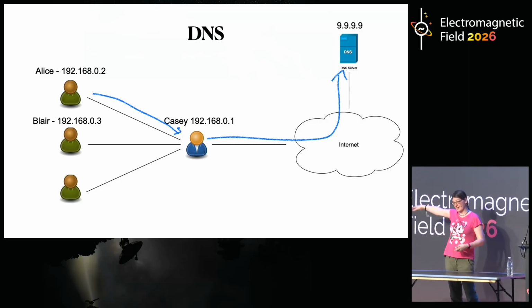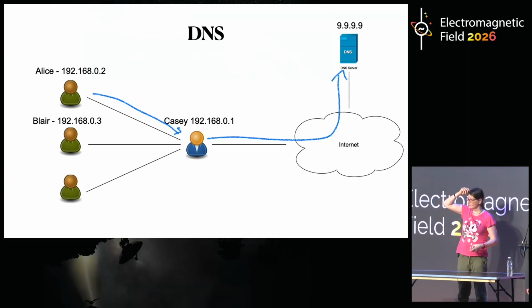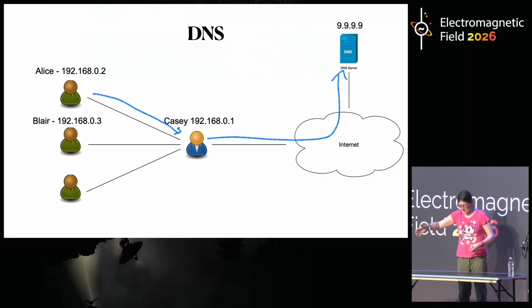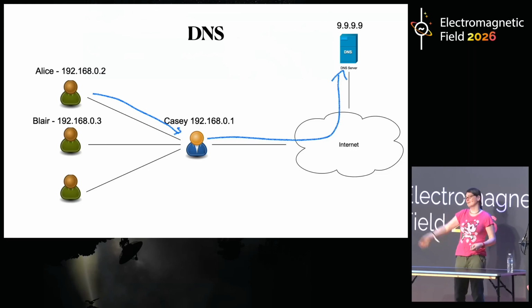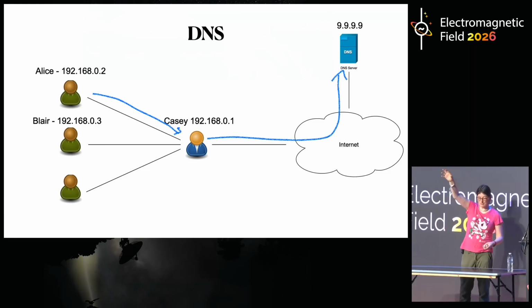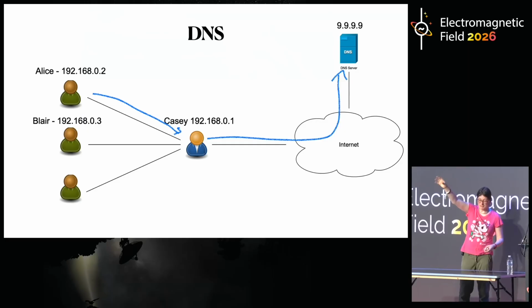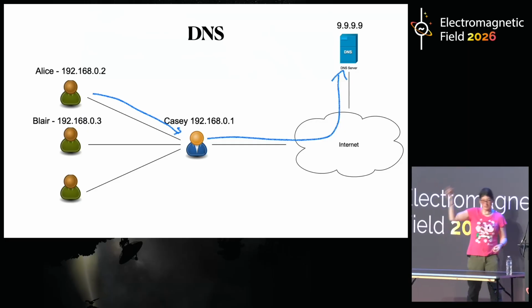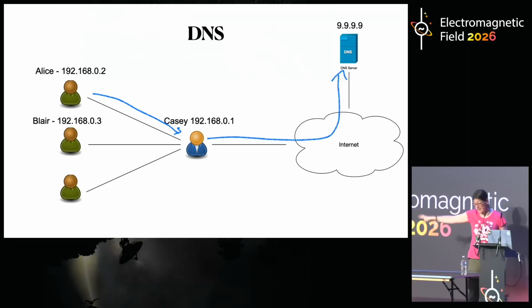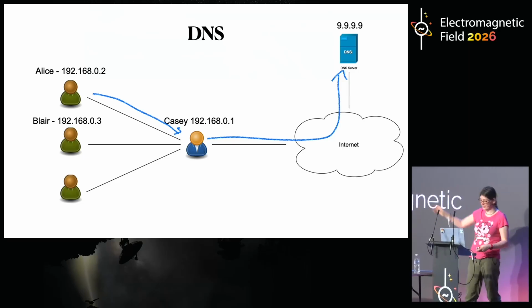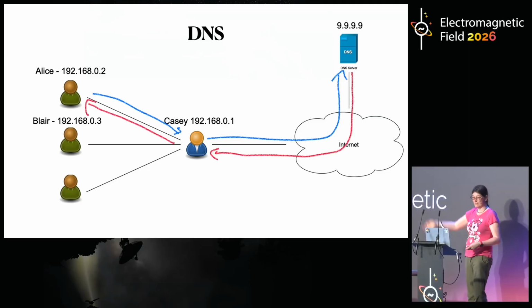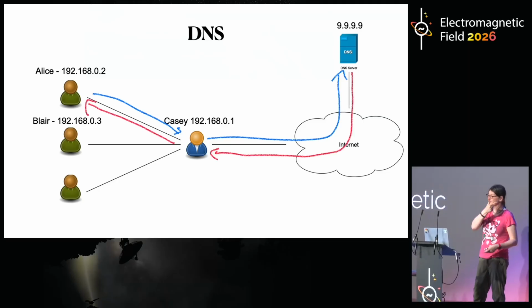Then you send a message to the ORG name servers asking who is emfcamp.org, and they tell you which IP address is responsible for emfcamp.org. Then you ask those who is www.emfcamp.org, and they will send you a reply. But that happens in the background. You do not see that in the local network. You just send out a question and you get a direct reply back, which first goes to Casey, and then Casey sends it on to you.